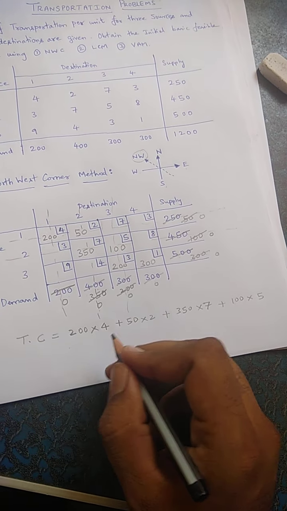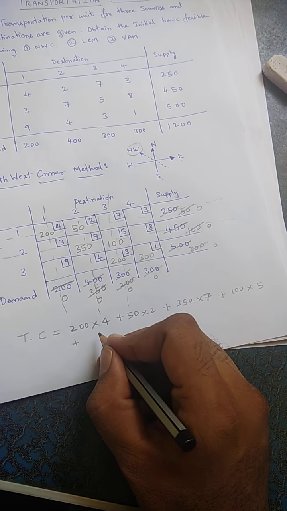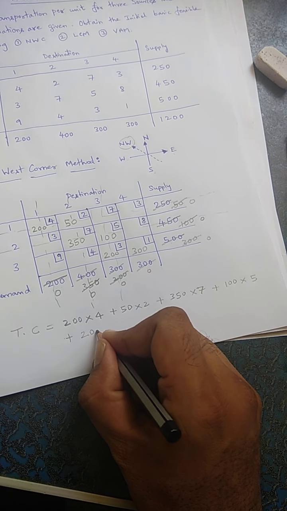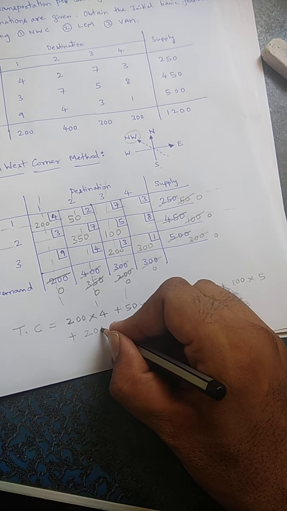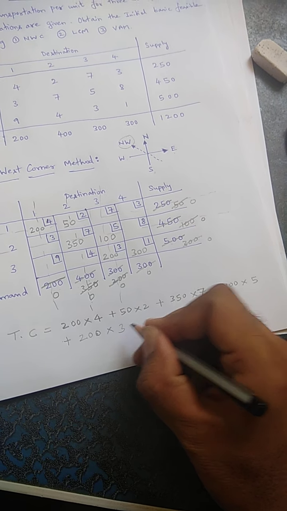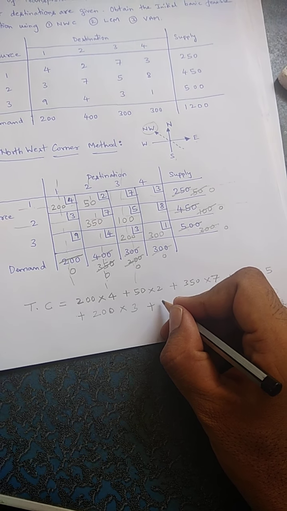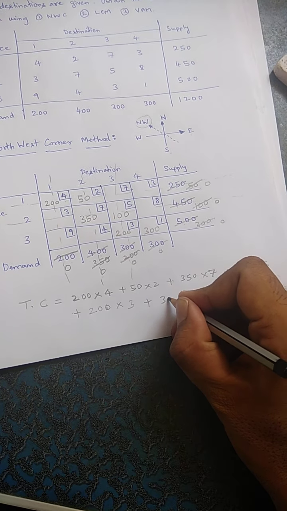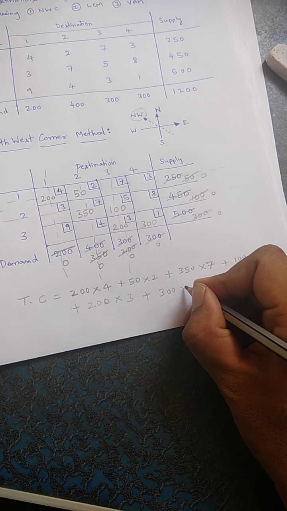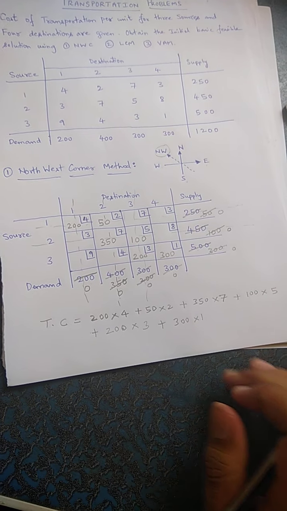plus 200 into 3, plus 300 into 1. By doing so, you can multiply.